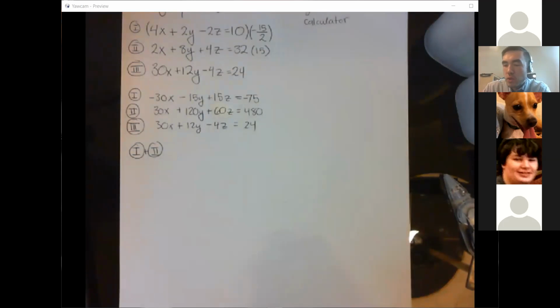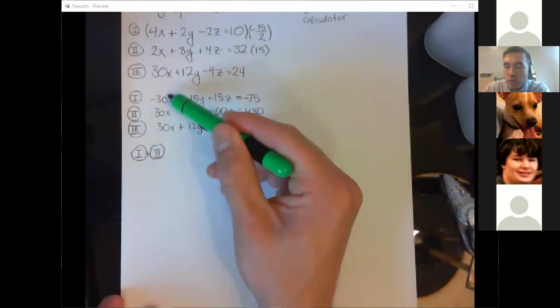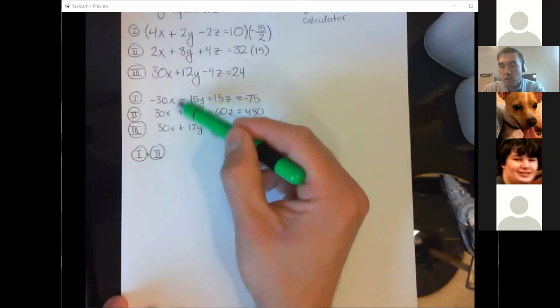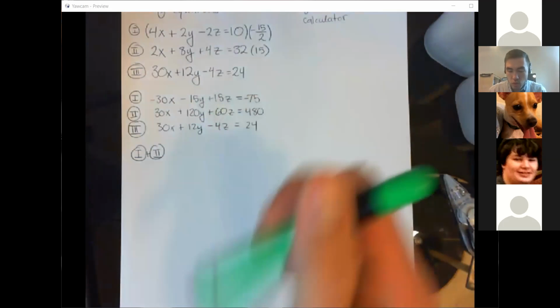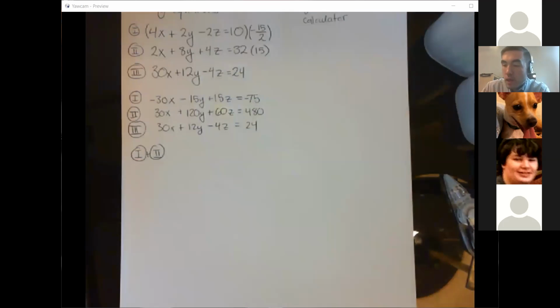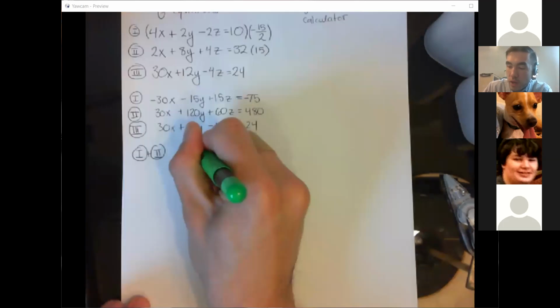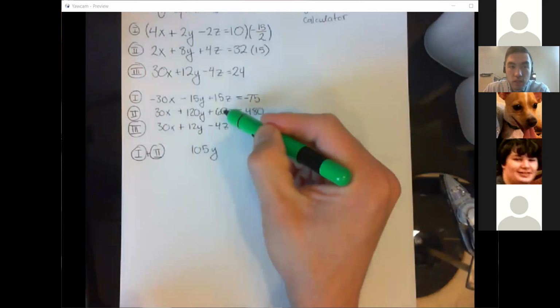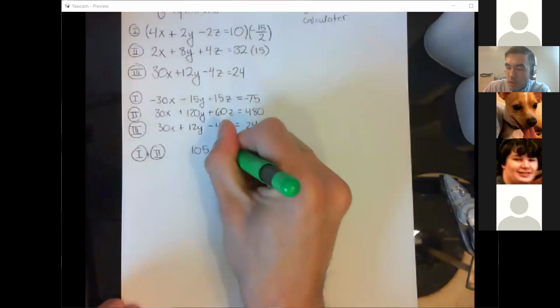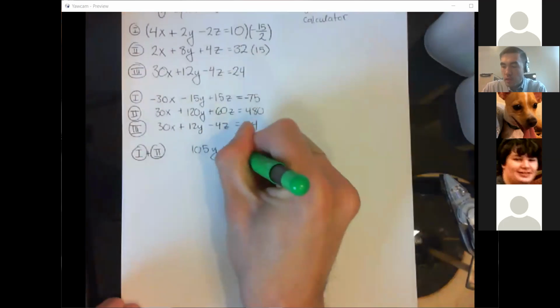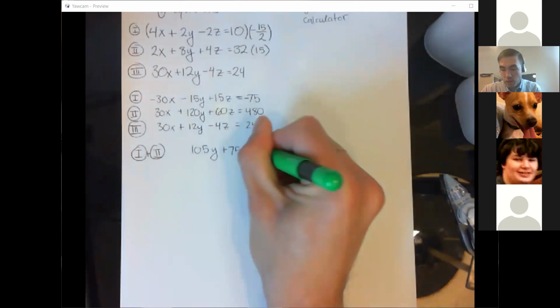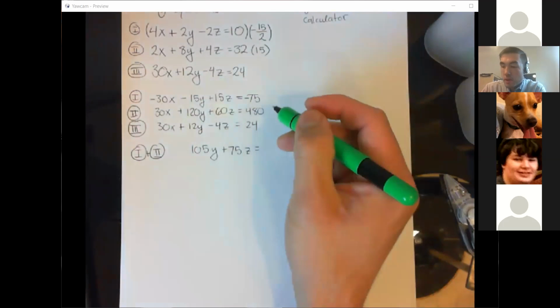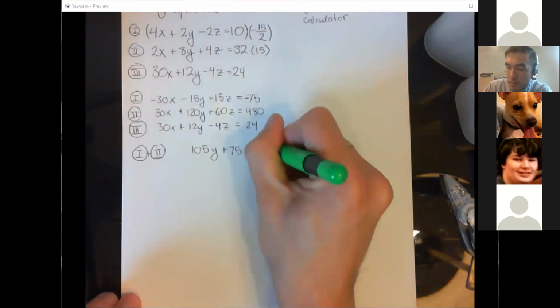Nonetheless. So equation 1 plus equation 2 will yield nothing in terms of x, and then we get to the y part. So it'll be 120 minus 15, which will be 105y. And then it'll be 15 plus 60z, so that's going to be plus 75z. And then it's going to be equal to 480 minus 75. That gives us 405.